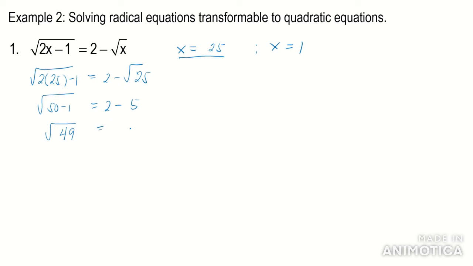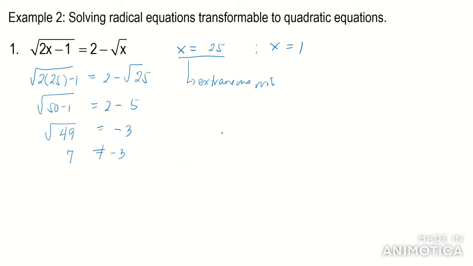And we have 2 minus 5 is equal to negative 3. What is the square root of 49? The square root of 49 is 7. 7 is not equal to negative 3. So therefore, 25 is not a solution to this equation, and we call this an extraneous root. The value of x will not make the equation true.